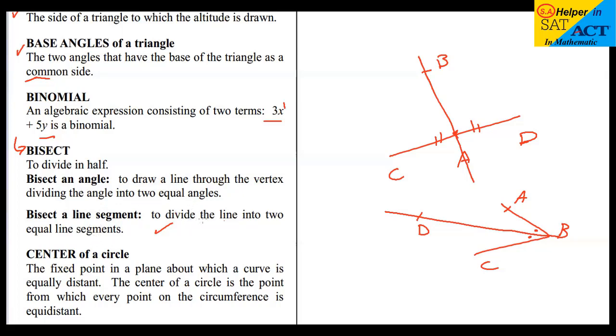Bisect a line segment: to divide the line into two equal lines.